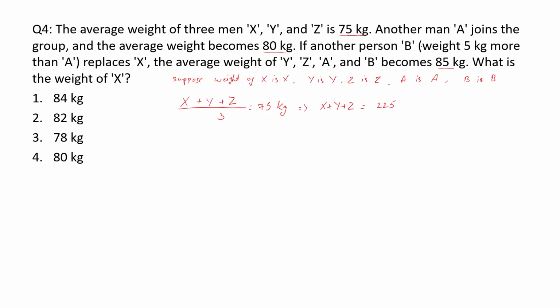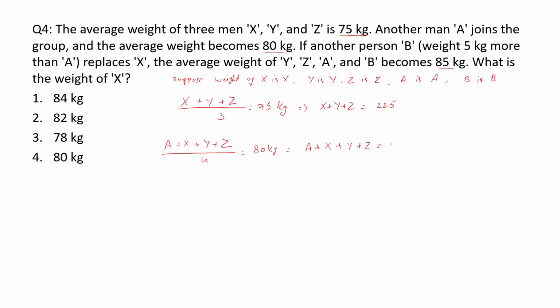Now what they are saying, another man joins the group. That means now you have 4 men. That means average weight, A plus X plus Y plus Z upon 4 is 80 kg, right? So this will give you A plus X plus Y plus Z is equal to 80 into 4.